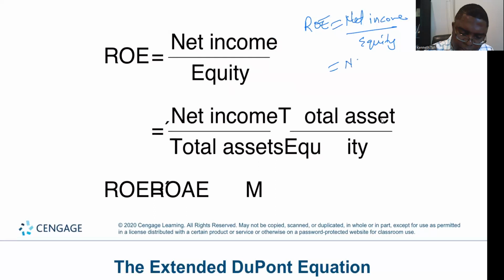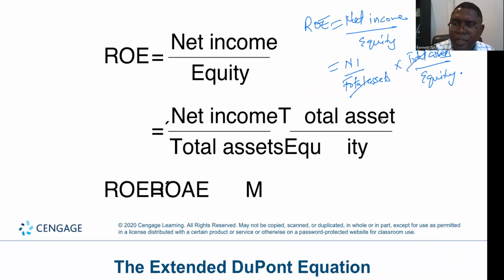We can express this as net income divided by total assets times total assets divided by equity. If you look at this second line, it is the same as the one on top, because I can cancel out the total assets. If I do that, we have net income divided by equity, which is basically return on equity.